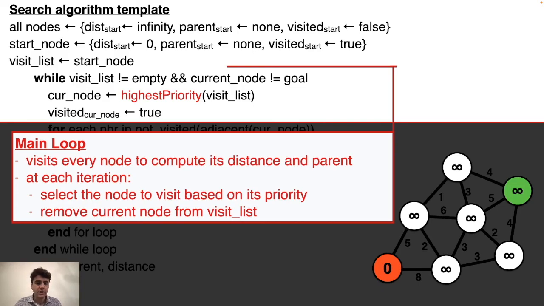We'll look at how to define highest priority for depth first search. But once you've found the highest priority node from our visit list, the next line of code sets that current node to have been visited. So it sets the visited property of that node to be true.